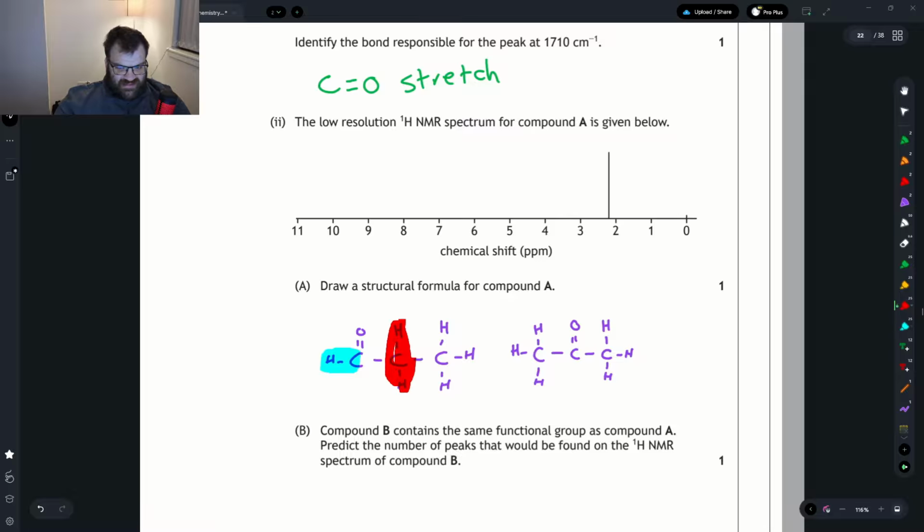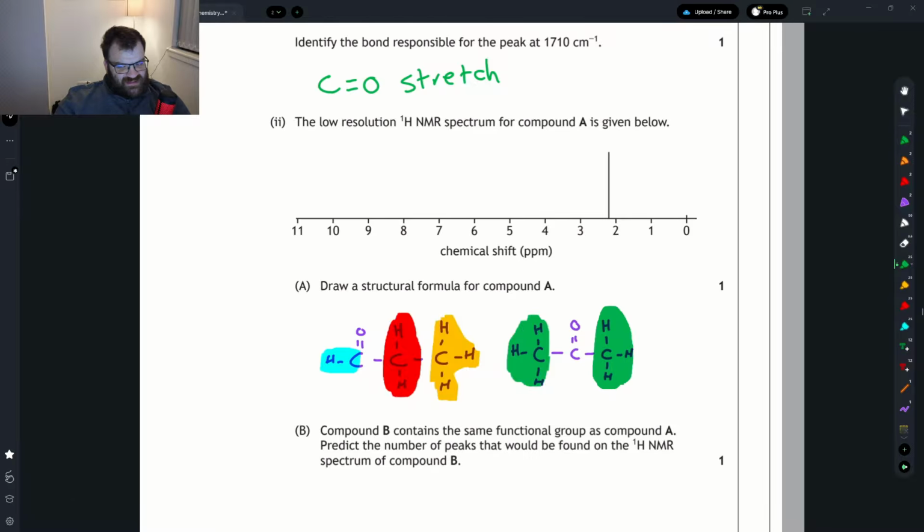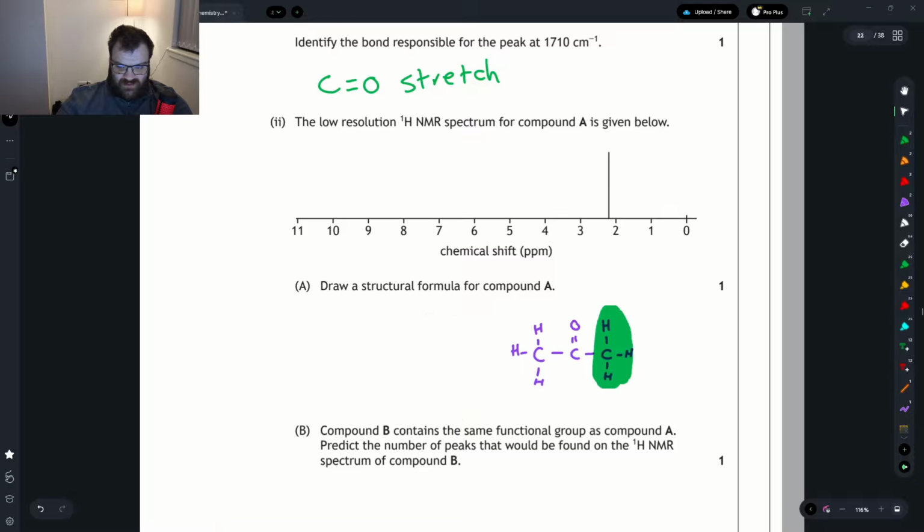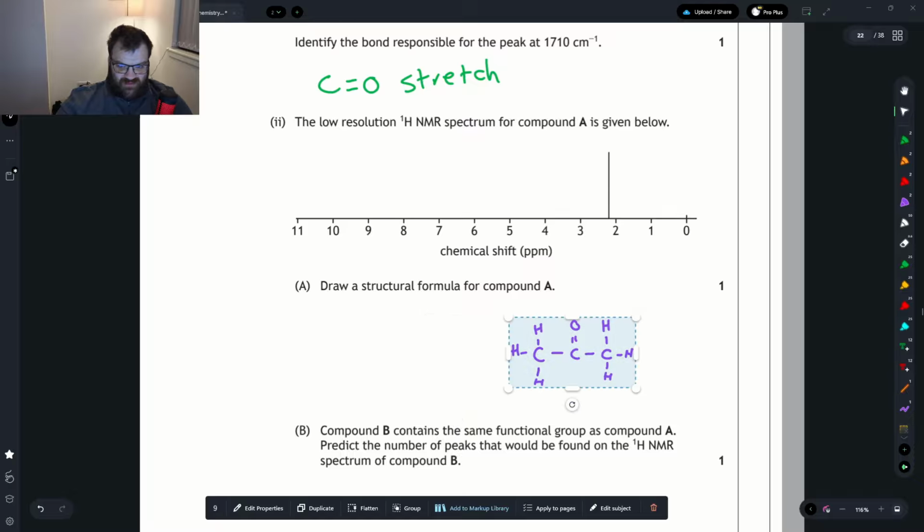We then have a second environment here because we've got a CH2 in between a C double bond O H and a CH3, and then our CH3 beside the CH2 is going to be different, whereas in our propanone you've got CH3 beside a C double bond O, and that is identical on either side, so it's going to be propanone. So we want to have our structure something like this.